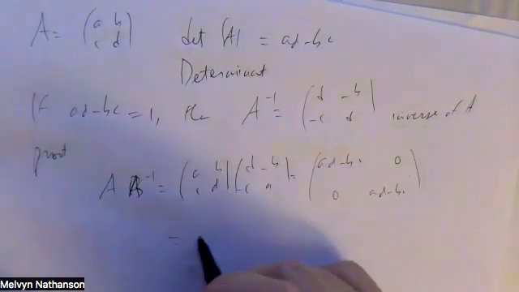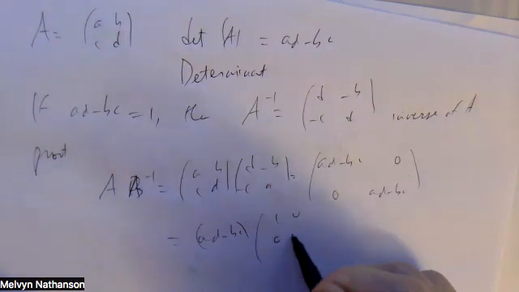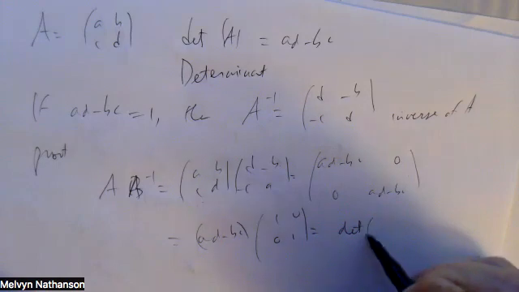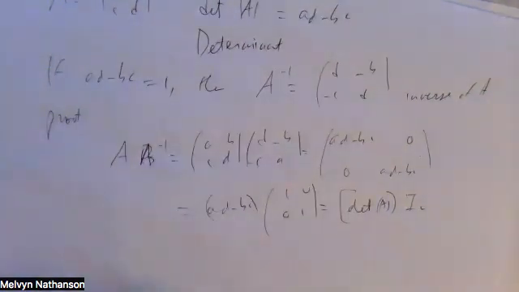So this is the scalar ad minus bc, the determinant of A, times the 2 by 2 identity matrix.